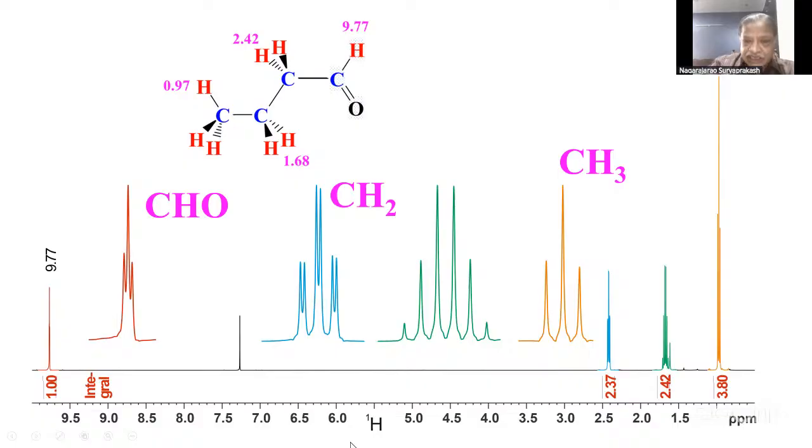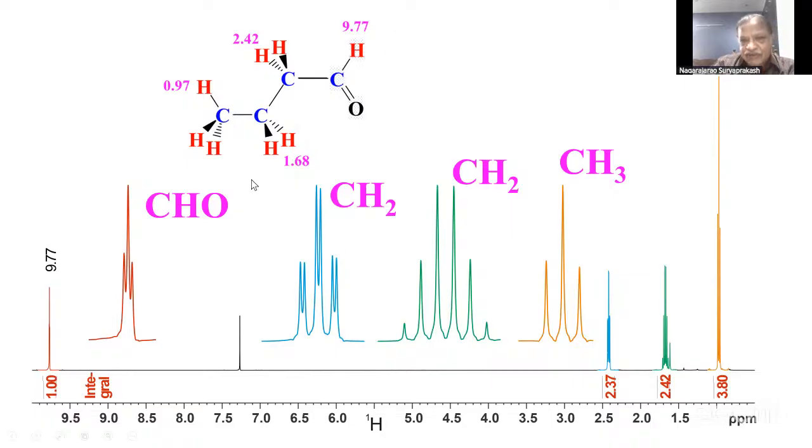What about this one? Next one. I would say it is CH2. Why do I say it is CH2? This CH2. Remember, this CH2 is coupled to the CH3 protons. I have explained to you this multiplicity pattern in the beginning of the course. Because of these chemically equivalent protons, this will become a quartet. And it goes by Pascal triangle intensity 1, 3, 3, 1.